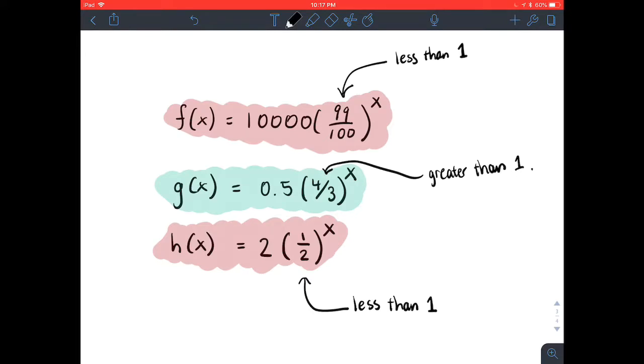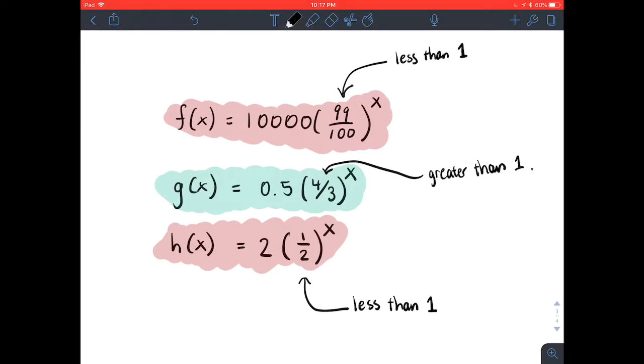Now, comparing f of x and h of x, we can see that one of these gets smaller faster than the other. So for h of x, every time step, every interval, the amount is shrinking by 50%. So it's losing 50% of its value with every step of x.